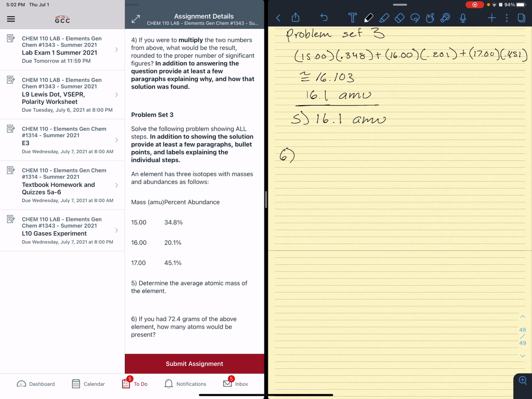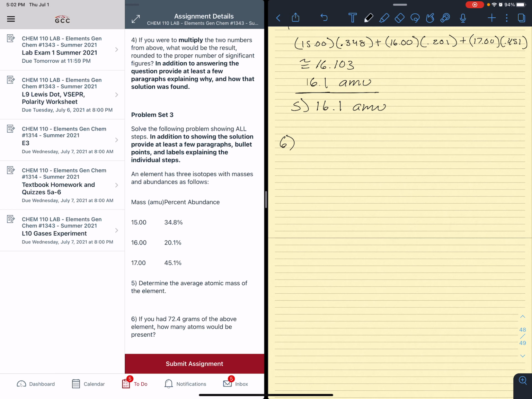That's how you always start your dimensional analysis, always with what you have, never with what you're trying to get to. You put 72.4 grams. It's always nice to have a path to where you're trying to go. So we're trying to go from grams to atoms.